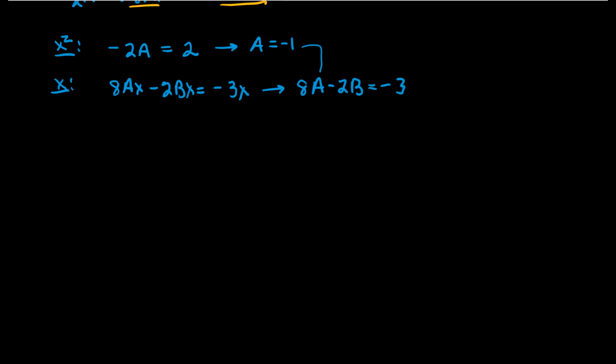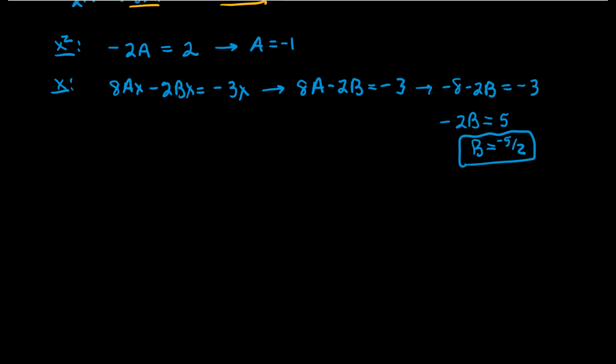We can substitute the value for a in there, and this is going to give us then a negative 8 minus 2b is a negative 3. Add 8 to each side, so we have negative 2b is equal to 5, or b is a negative 5/2. I'll put a box around these so it's a little easier to find them when we get to the point where we need them all.